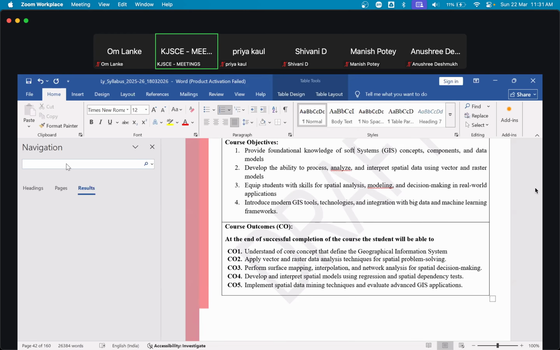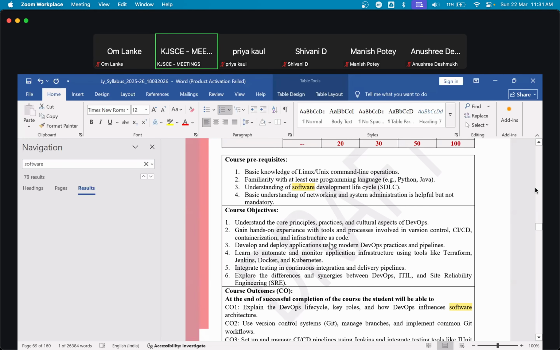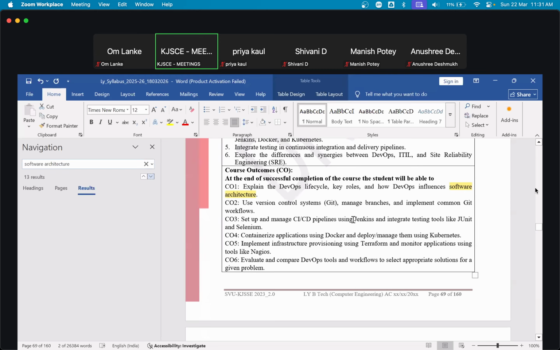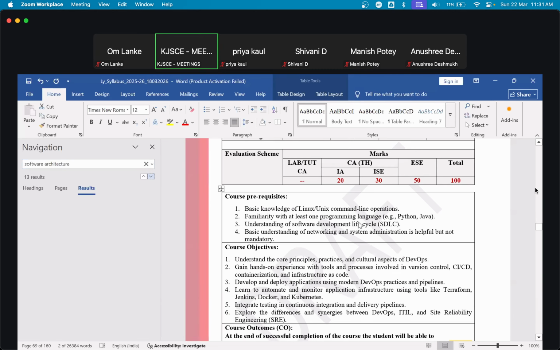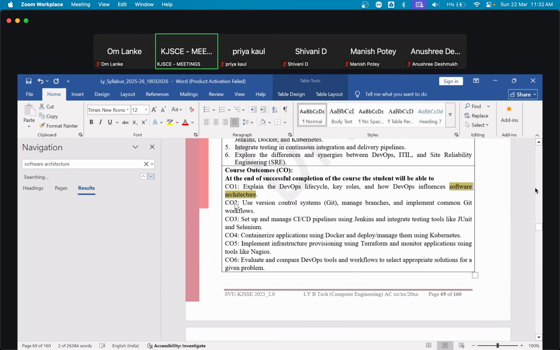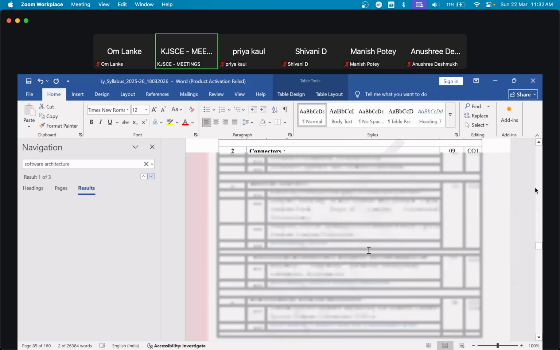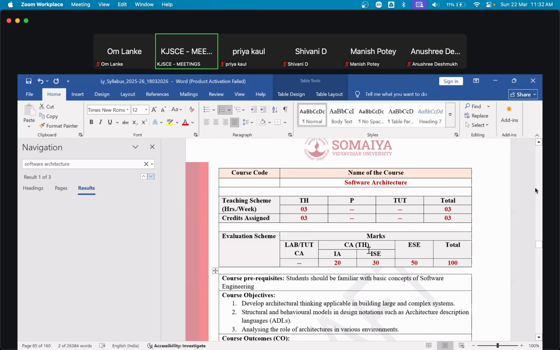Yes, Shivani madam, will you take us to the syllabus of software architecture? Yeah, this is software architecture.